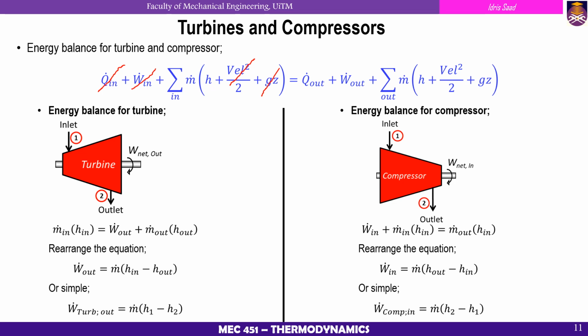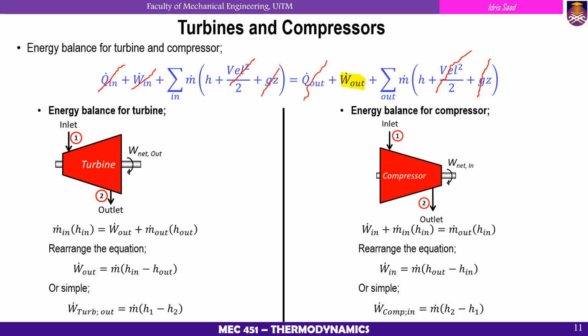So Q out also cancels out, but of course for the turbine, remember we do have work output. That's what we want.